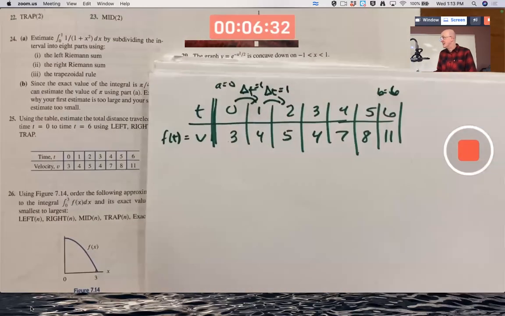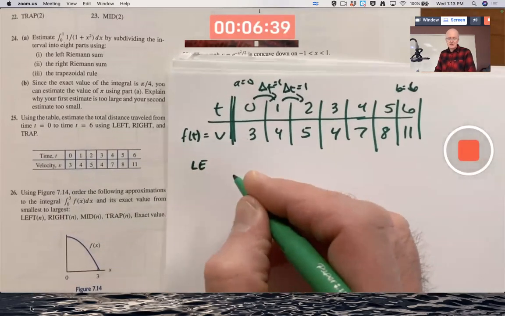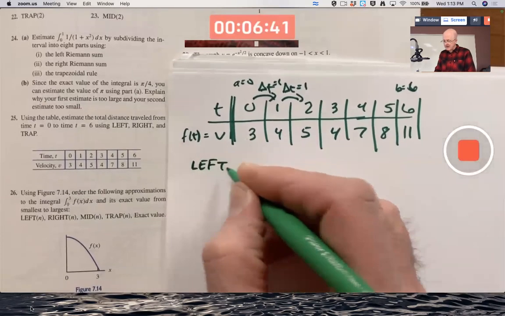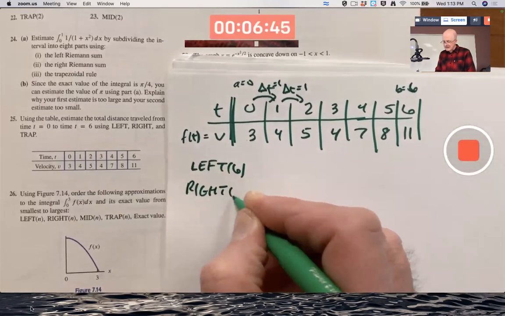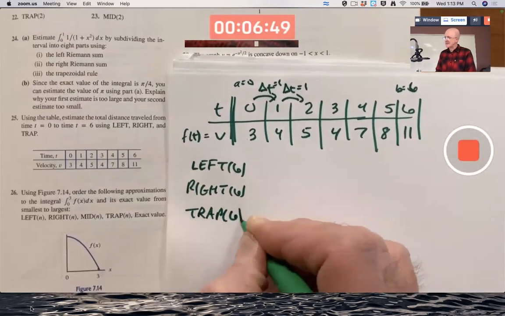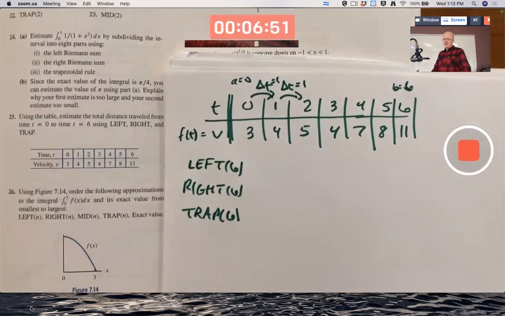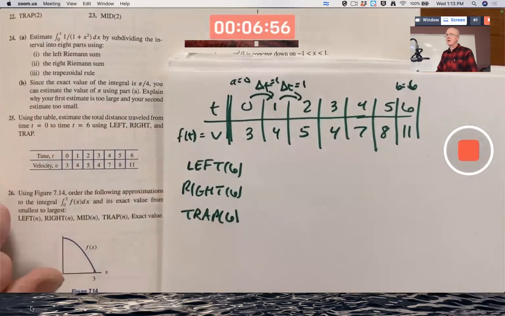So n must be 6. There must be 6 subintervals. So when it says compute left, right, and trap, we're really computing left of 6, right of 6, and trap of 6. We've got 6 subintervals, 6 rectangles for the first couple, at least, that we were finding the area of, and then with the trapezoid rule, again, we are averaging them.